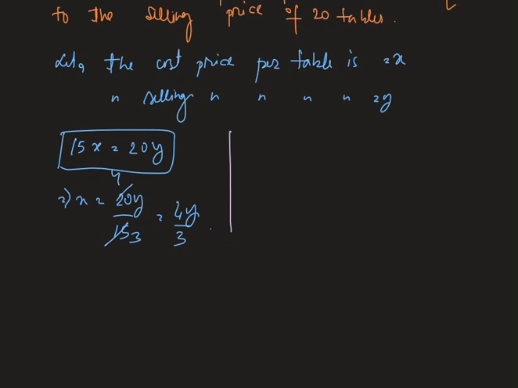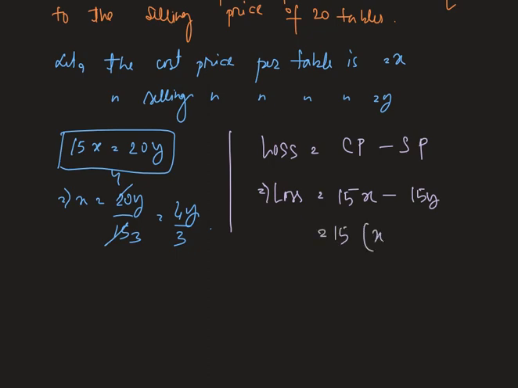Now we need to find the loss percentage. Now loss is equal to cost price minus selling price. Here the cost price of 15 tables is 15x and the selling price of 15 tables is 15y, or we can write 15 into (x minus y).